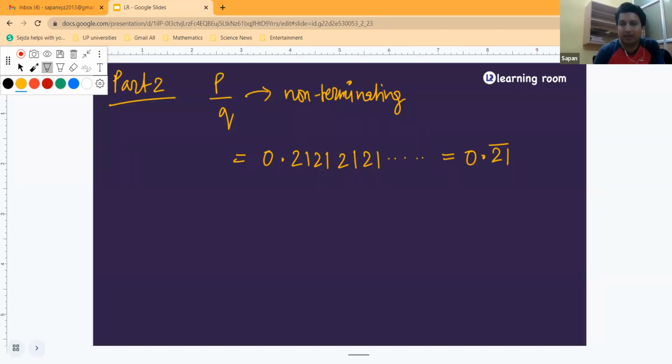I just indicate which part is repeating. So, let's say 0.1233333, after 1, 2, I can draw a line over the 3. Yes, exactly. Another example is, let's say, you can keep two dots.